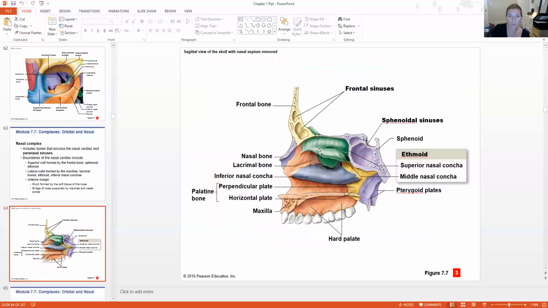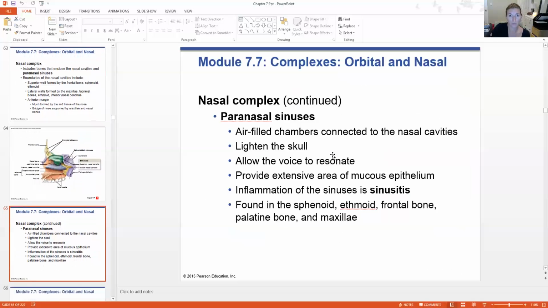Here you can see that weird shaped ethmoid bone really kind of nesting in that center area behind the nose. You can see that palatine bone, which kind of looks a little strange. It's just another weird shaped bone. Inferior nasal concha. There's also the superior nasal concha and middle nasal concha, which are made up from the ethmoid bone. Again, all of this will make sense once you see it on the skull in lab.